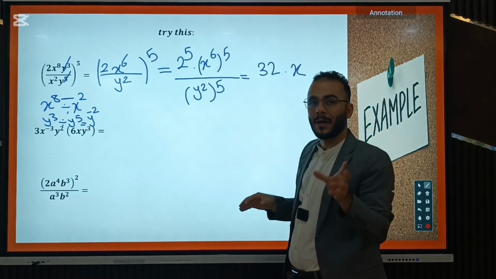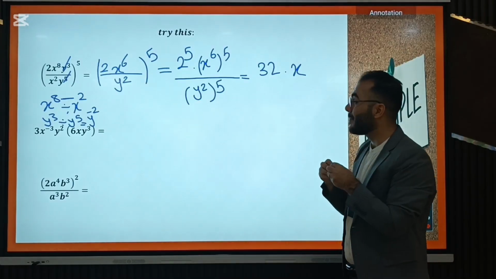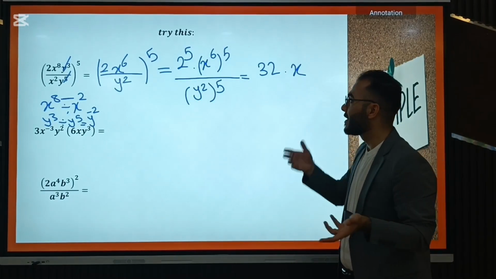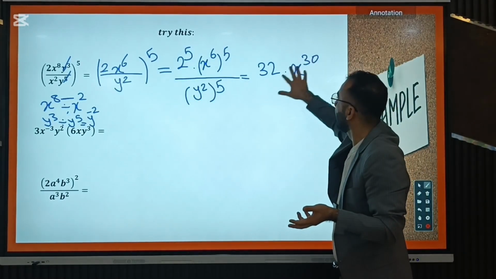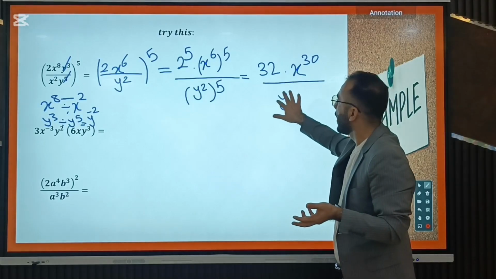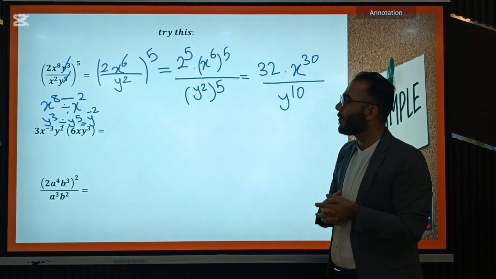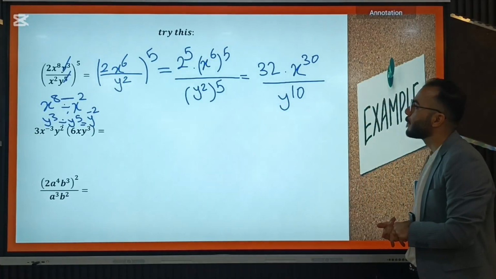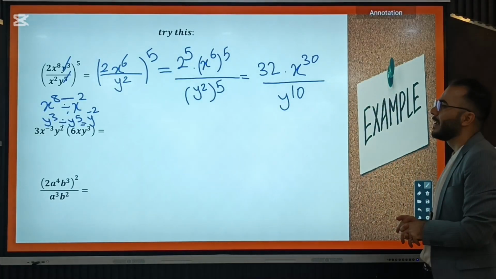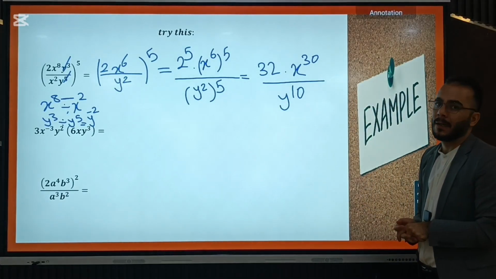It's a power of a power. So in that case, keep the base and multiply the exponents. 6 times 5 is 30, over y to the power of 2 times 5, which is 10. That is how you are going to evaluate and simplify a power problem.